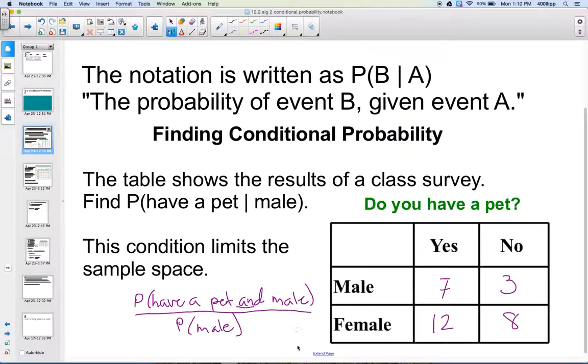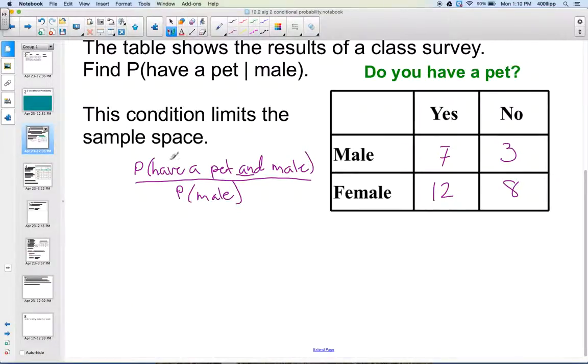So the probability that they have a pet and they are male is 7 out of the total, 10, another 20, so that's out of 30.